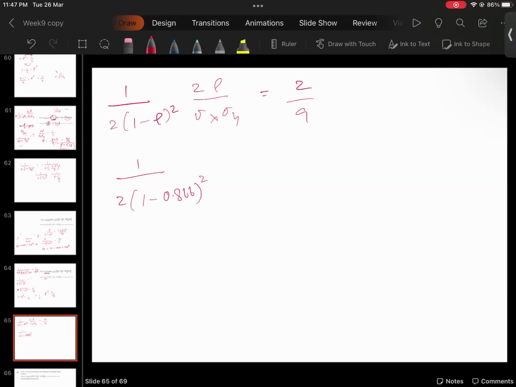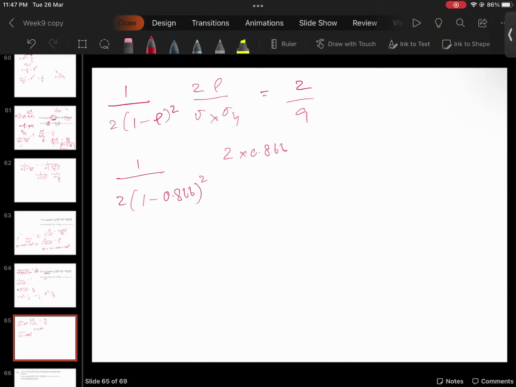Ma'am, in the assignment also, in question 4, I'm not getting any of the alternatives. Question number 4? It means I'm getting the variance value, but not the expectation value. Oh, how did you do this? Were you able to calculate rho?